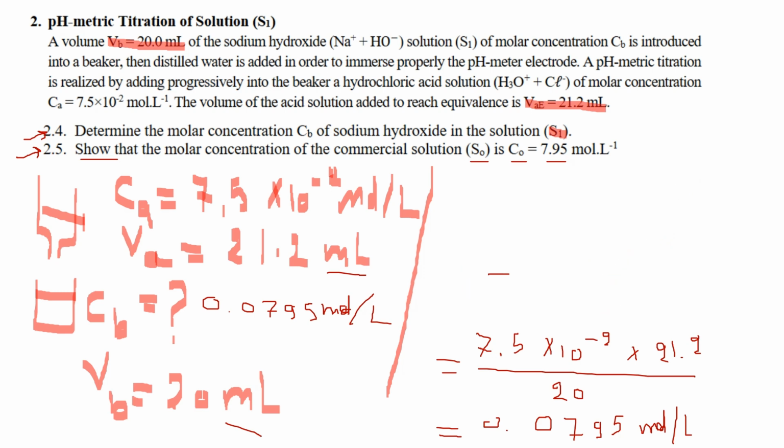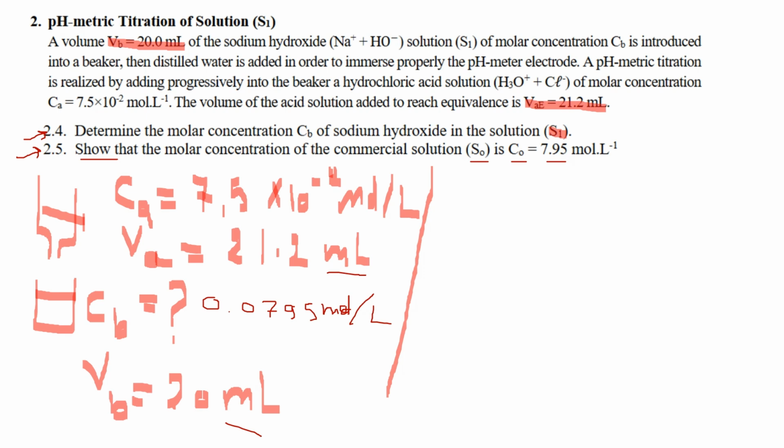So the formula of dilution is telling me that C0 divided by C1 is equal to 100. So C0 is equal to 100 times C1. C1 is CB.